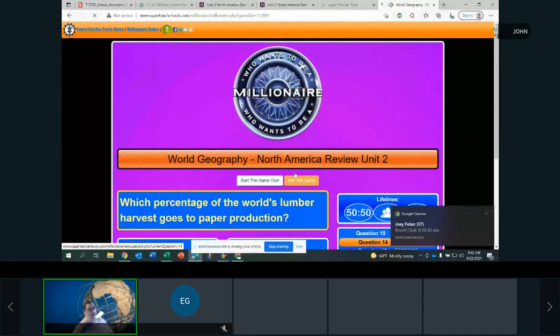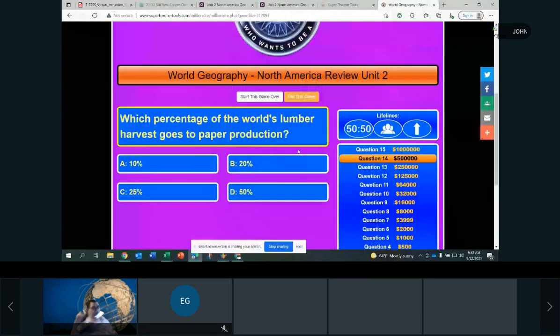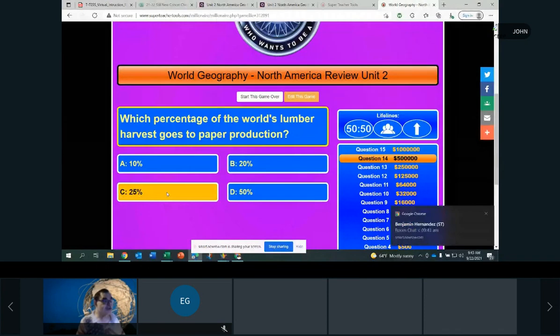What percentage of the world's lumber harvest goes to paper production? You're saying C? Final answer on that one? Or should we get a 50-50?